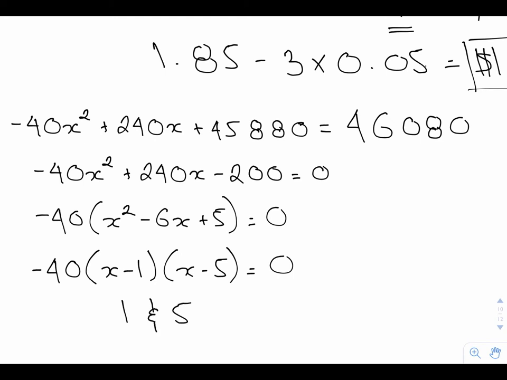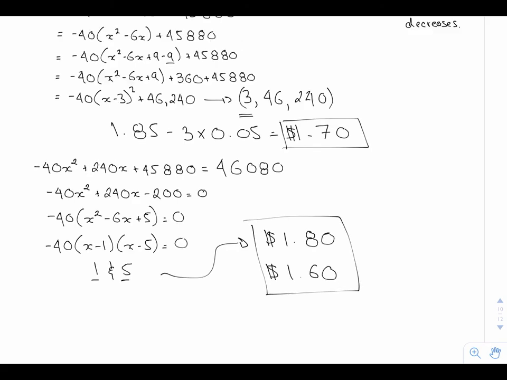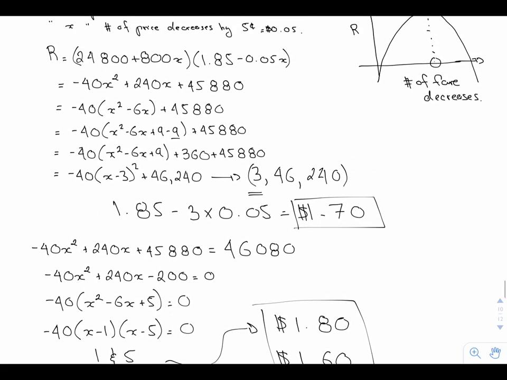Which means I can either decrease my price by 5 cents just once, or by 5 times 5 cents, which is 25 cents. My prices are going to be, on the one hand, $1.80, and on the other hand, $1.60. So those are my prices that will produce a break-even revenue.